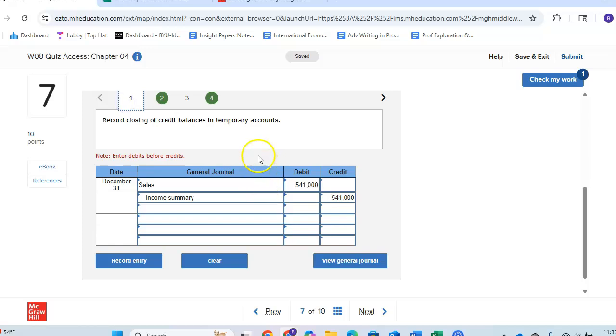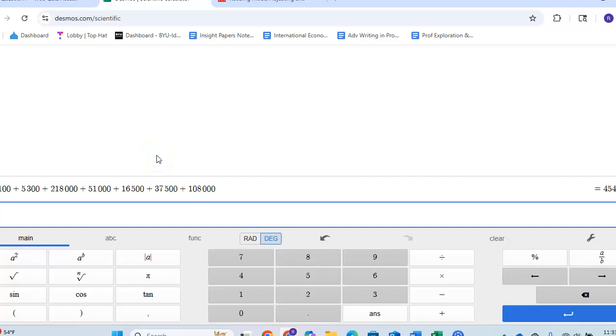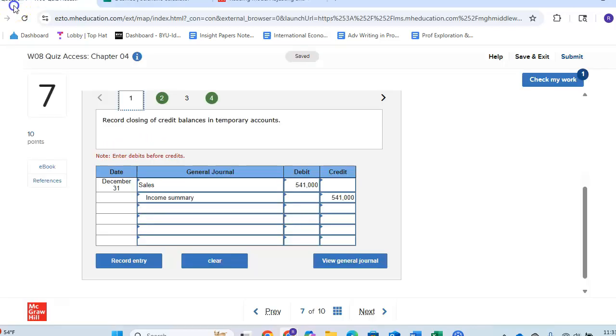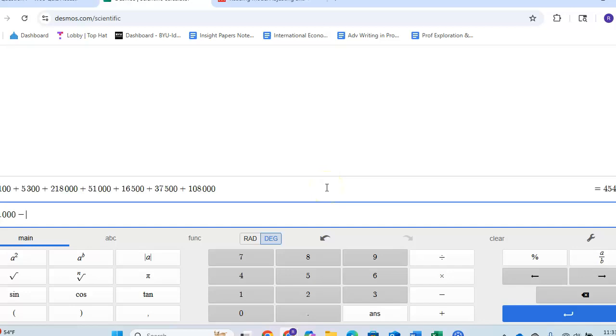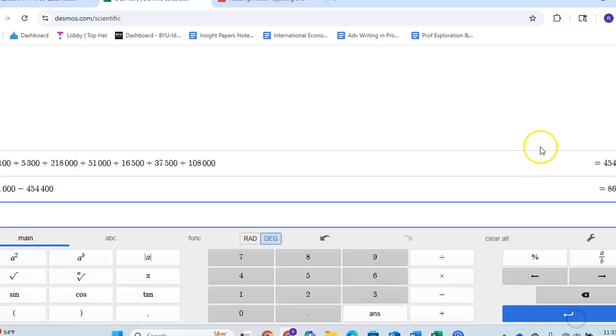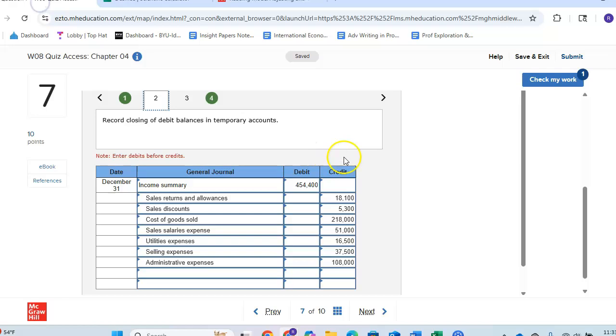So we go back to the first entry. We see we credited it for 541,000. So 541,000 minus our debit, which is 454,400, which will get us 86,600.